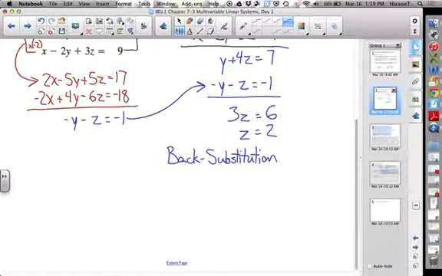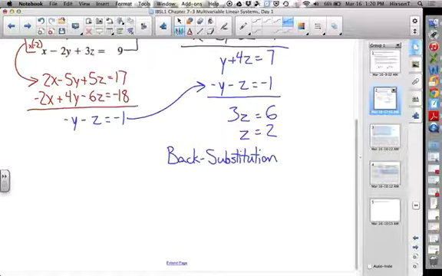Now, understand that in all the equations you see now, the y is going to be the same value and the x is going to be the same value. So it doesn't matter what equation you use, as long as we have a z in it. If we want to figure out what y is, we can plug in 2 for z.